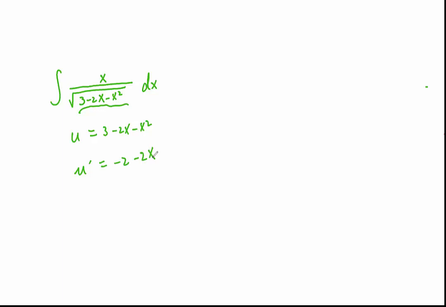I don't have negative 2, but I do have x. I can use part of it, because I can create this part to be negative 2x, negative a half. So this part is going to be fine.